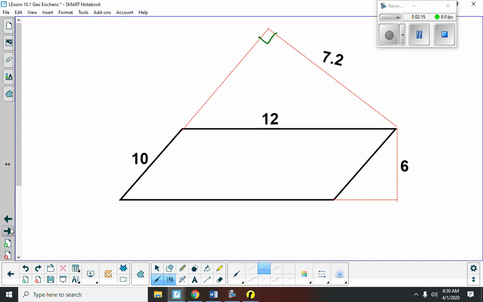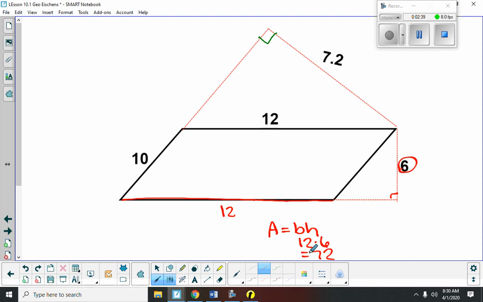So like in this example, if I were to say this is my base, well, this is 12. The perpendicular height would be 6. So area of a parallelogram is base times height. So in this case, it would be 12 times 6 if you use this base and this height, which is 72.